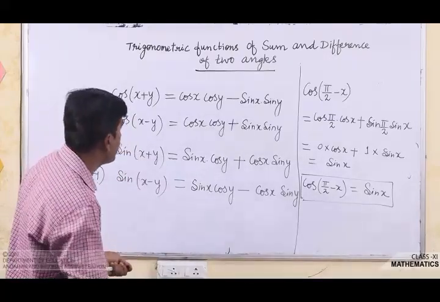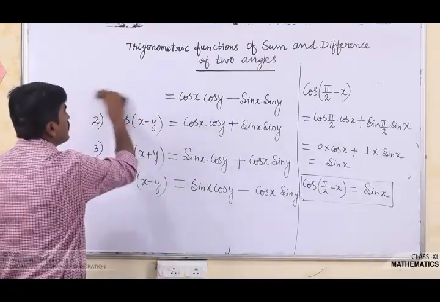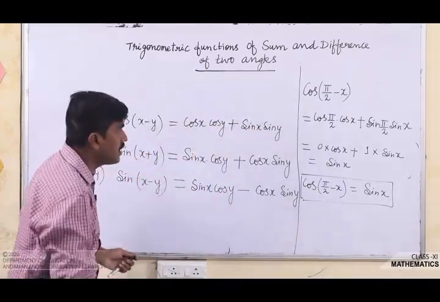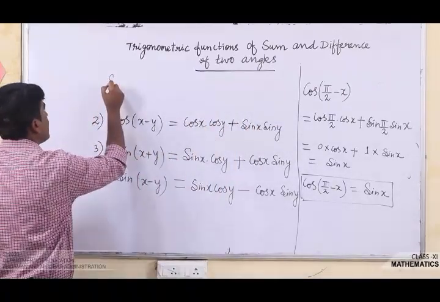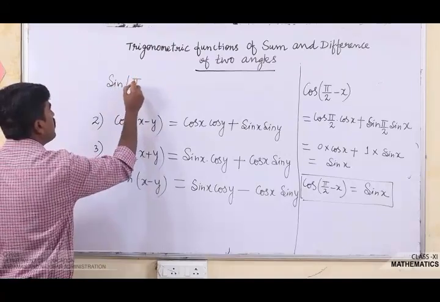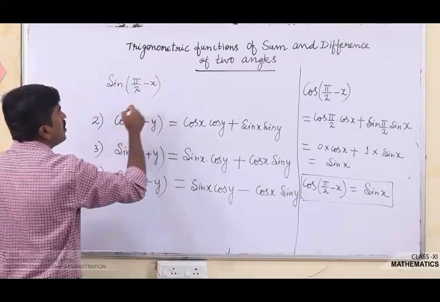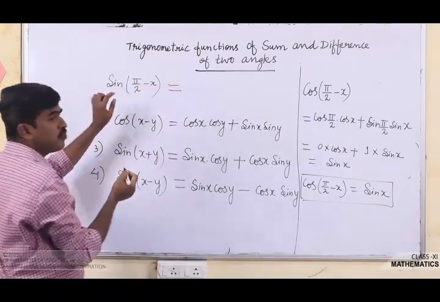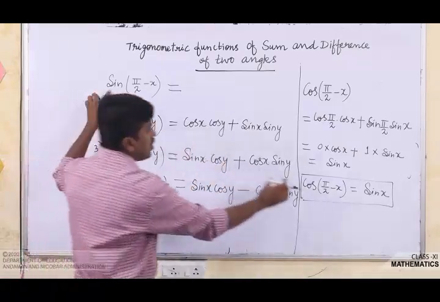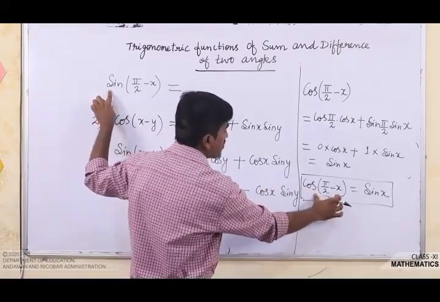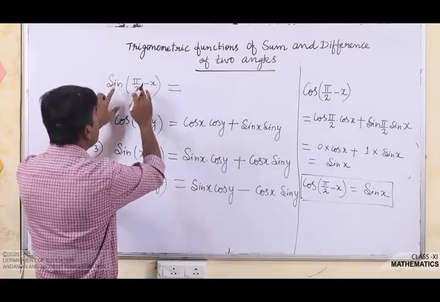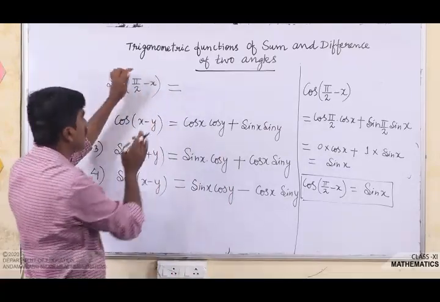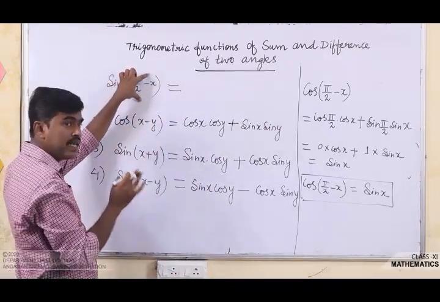So we can also find the value of sin of pi by 2 minus x. Now we just obtained cos of pi by 2 minus x is equal to sin x. So for sin of pi by 2 minus x, consider pi by 2 minus x as a single angle.